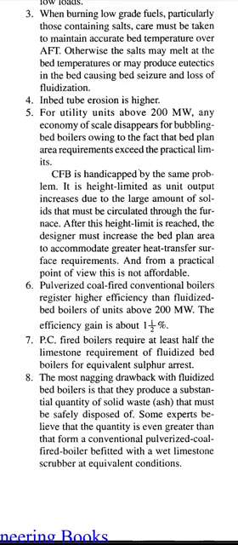It is height limited as unit output increases due to the large amount of solids that must be circulated through the furnace. After this height limit is reached, the designer must increase the bed plan area to accommodate greater heat transfer surface requirements. And from a practical point of view, this is not affordable.